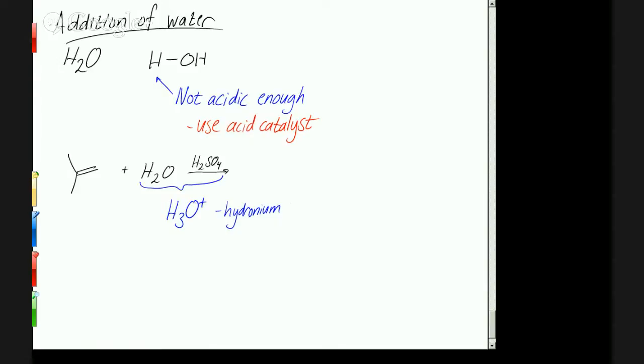So that's how we draw the mechanism. The rest of it looks just like what we did before. So rather than taking water, we're going to draw hydronium. And we're going to show that hydrogen getting attacked by the alkene.